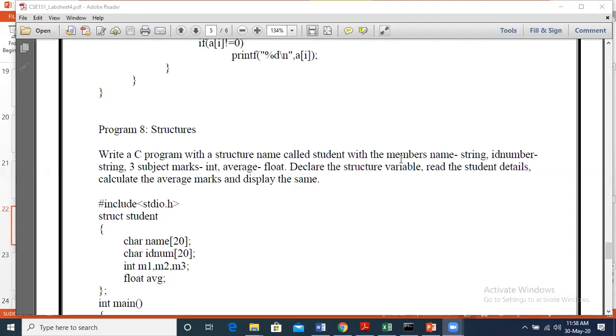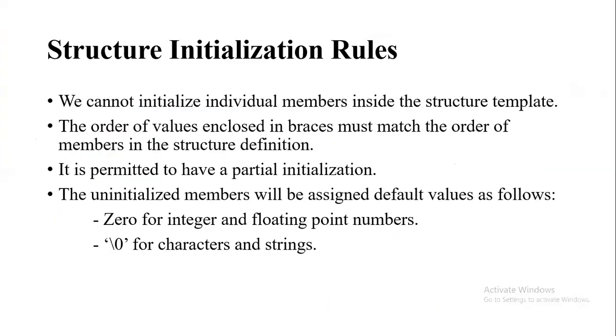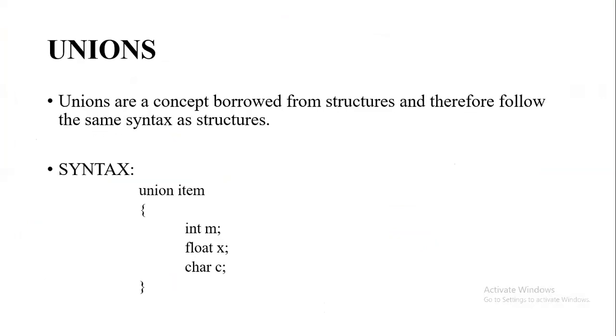So here we have one more thing, which is union. So here basically we are introducing the topics. Okay. So going back to the PPT. Right. So this structure which we just discussed. Now what is this union? Union is also like structure itself. Okay. But there is only slight difference. So it is also modular programming.